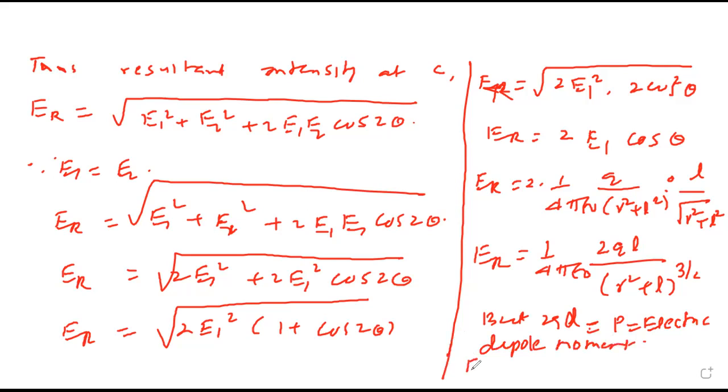So the resultant is 1 upon 4 pi epsilon naught, p upon r square plus L square raised to 3 by 2. Again copy till this, then we will say why we can neglect that L square.